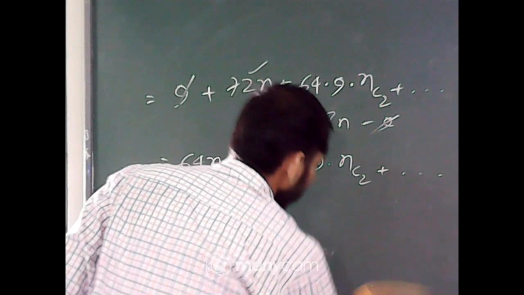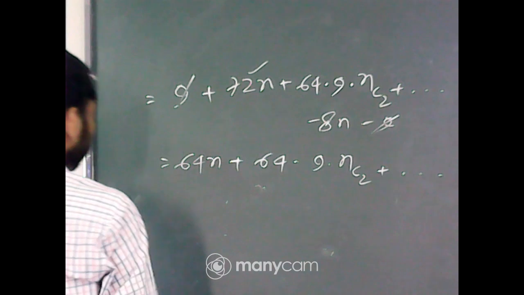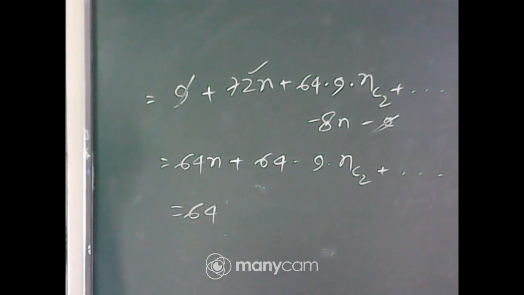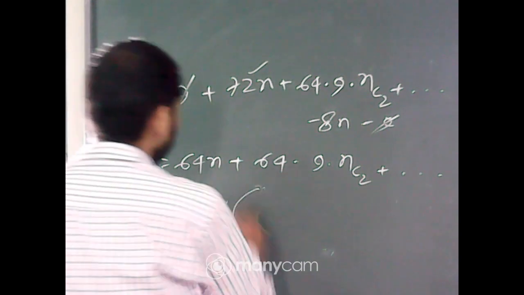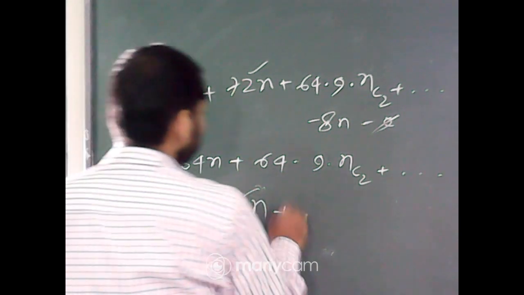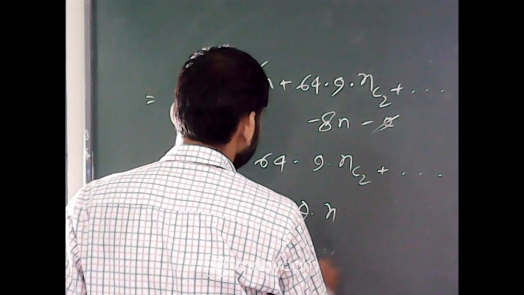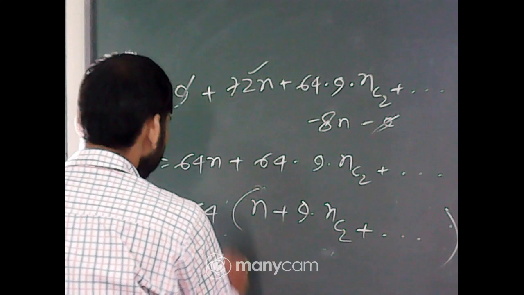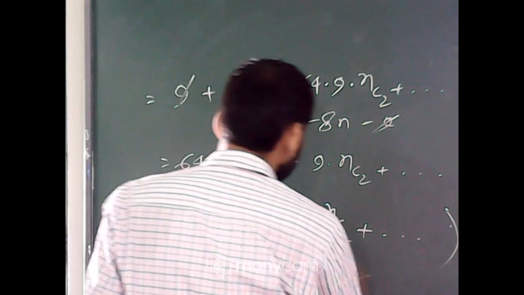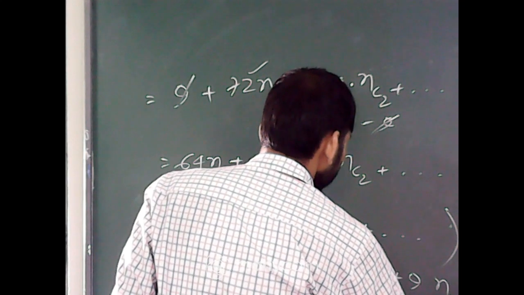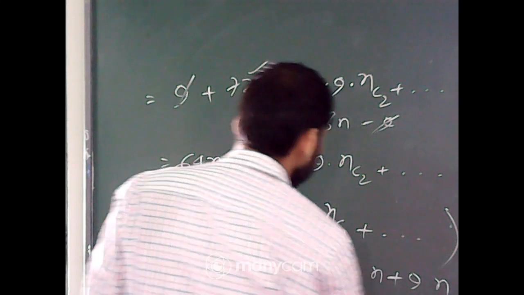Now we will take common 64 from all terms, which will give you 64 into n plus 9 into nC2 plus dot dot dot. That means 64 into k, where k equals 9 plus 9 into nC2 plus dot dot dot, a positive term.